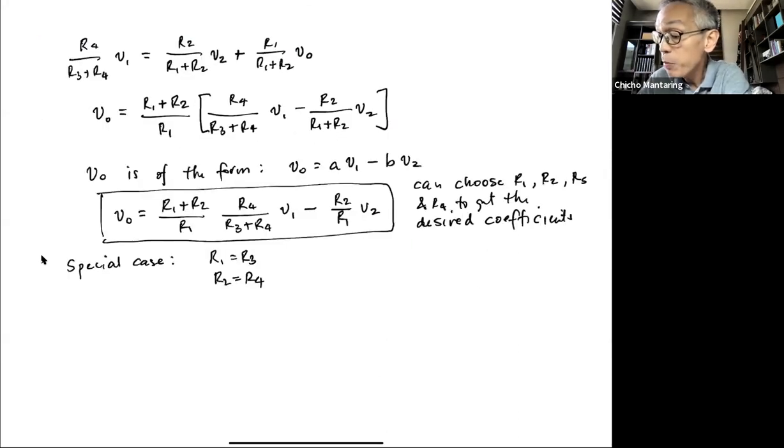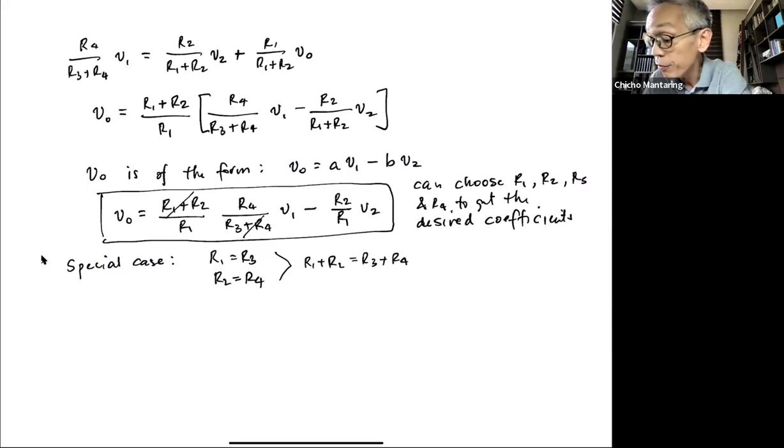So anong magiging simplification nito? If R1 is equal to R3 and R2 is equal to R4, ang ibig sabihin nito, R1 plus R2 will be equal to R3 plus R4. So magka-cancel out ngayon ito. This and this will cancel out.